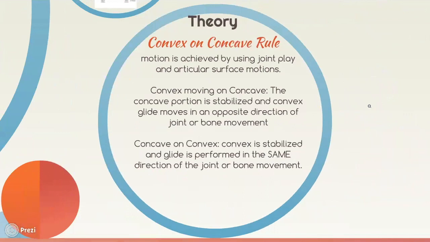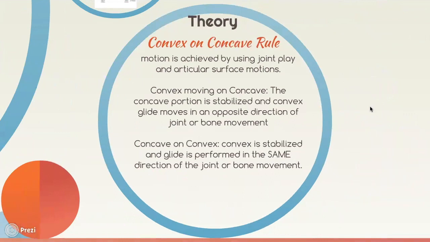Now, the theory comes down to the convex on concave rule. The motion is achieved by using joint play and articular surface motions. Convex moving on concave, the concave portion is stabilized, and the convex glide moves in an opposite direction of the joint or the bone movement.